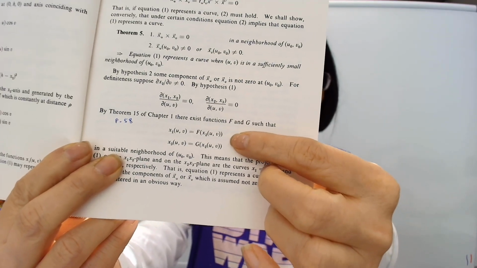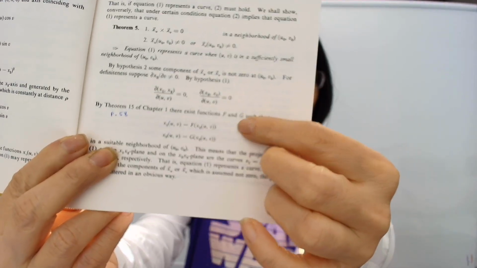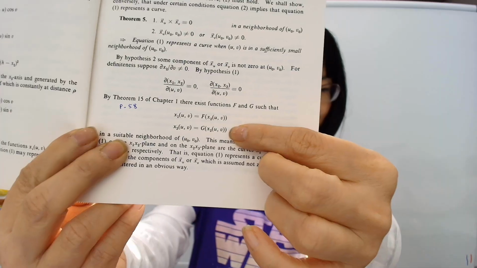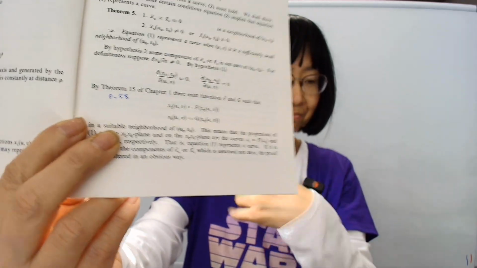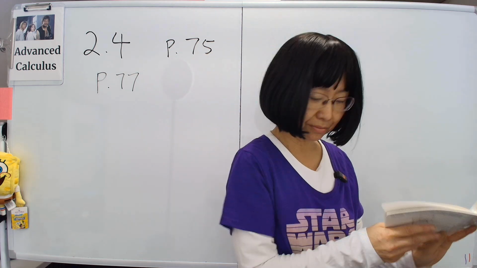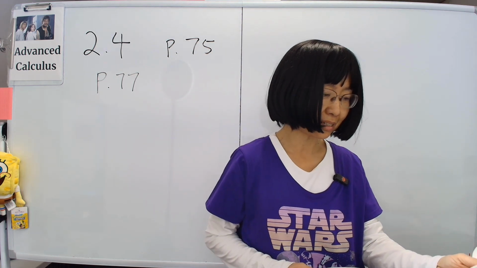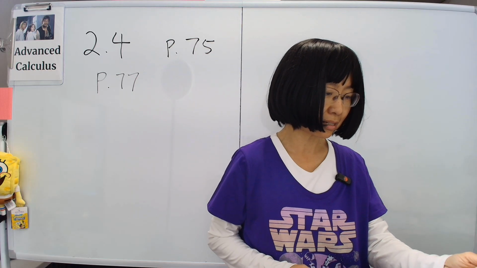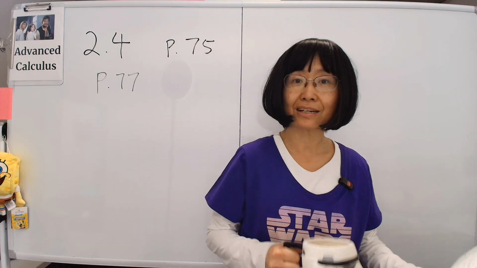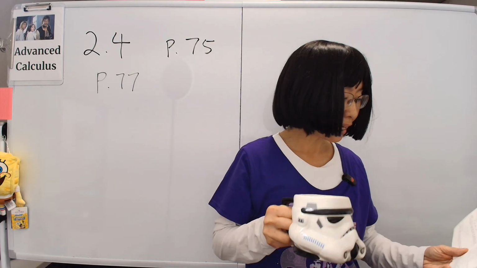So you have big functions f and g such that x1 is represented by x2, and so is x3. So they're both functions of x2: x1 by x2, and then x3 by x2. So please check all the details and make sure everything comes out like it's supposed to.